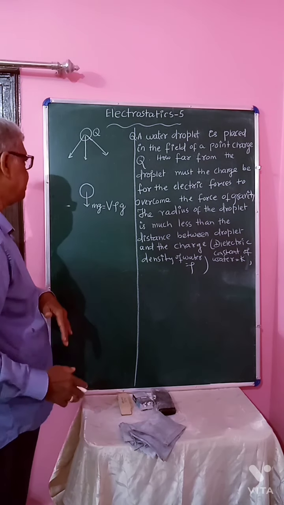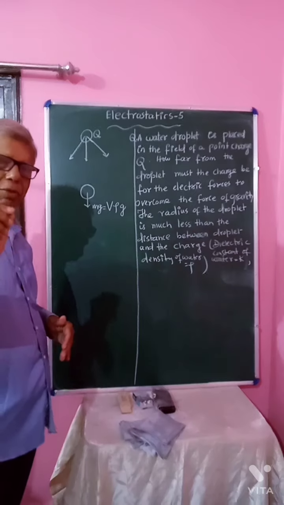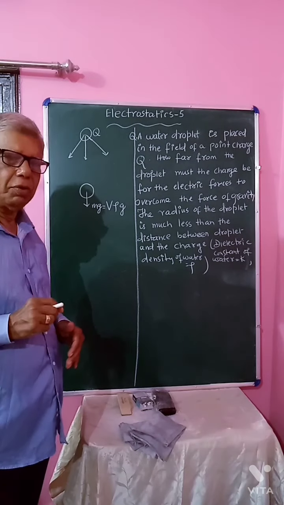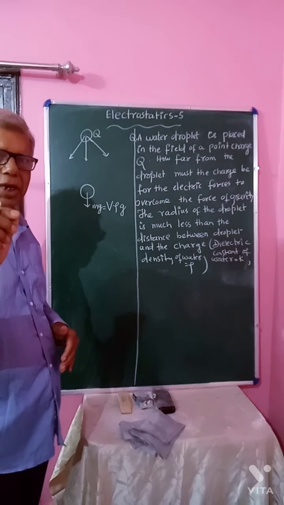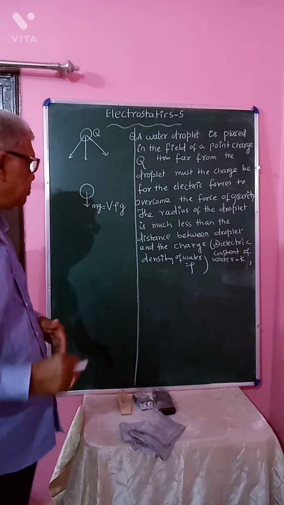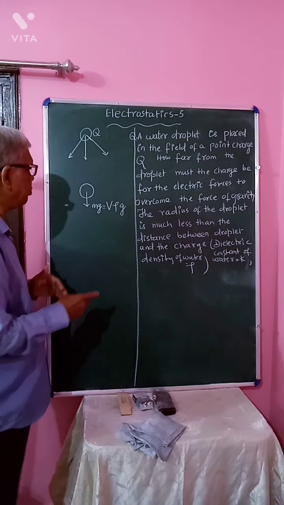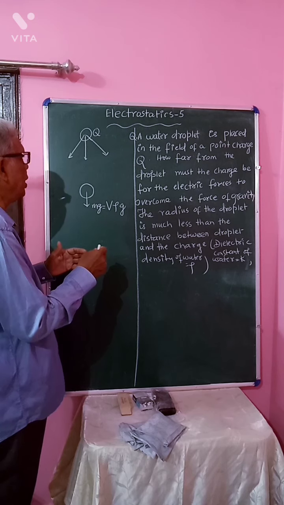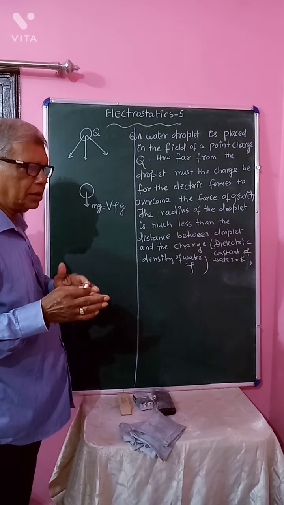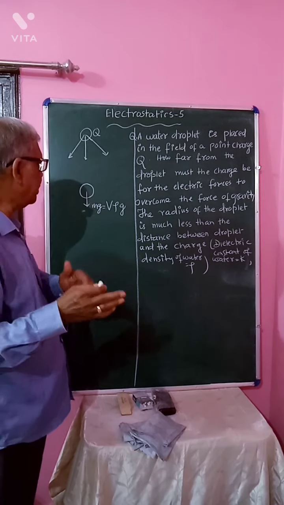is there. Now, water molecule is polar molecule, that is, each molecule is an electric dipole. Now, this dipole will be oriented along the direction of electric field.